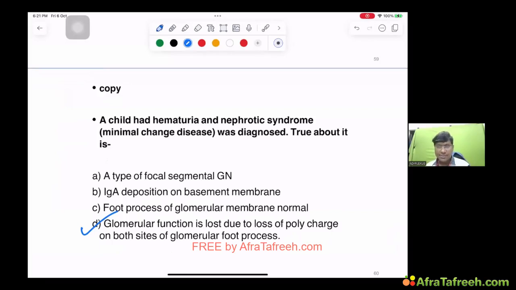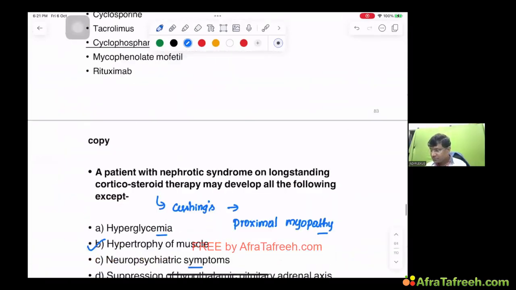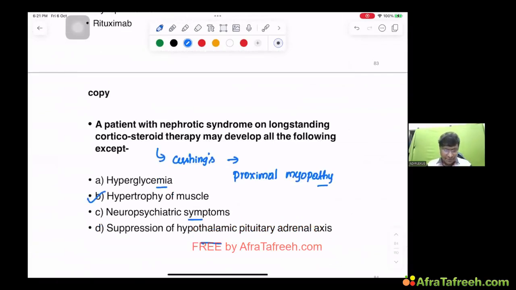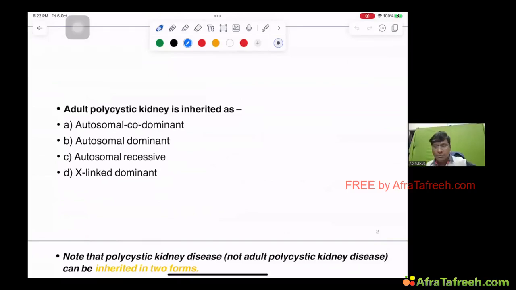The answer is D. These questions we have discussed, and that was some of the questions on minimal change. Membranous glomerulonephritis, rarely they can have hematuria.